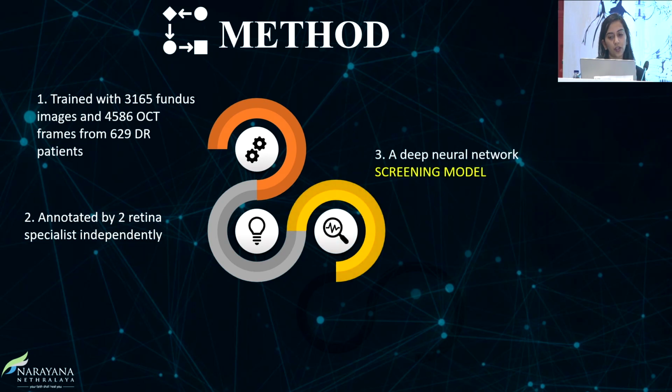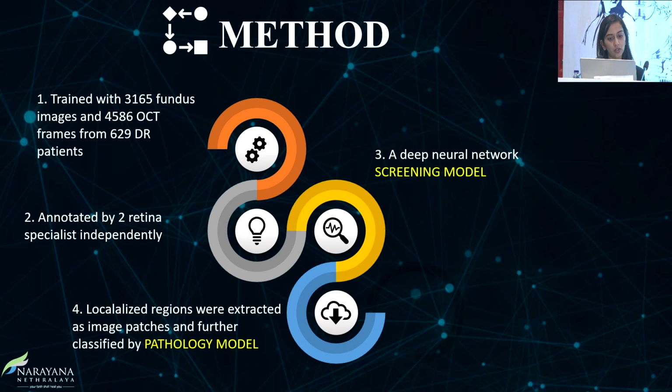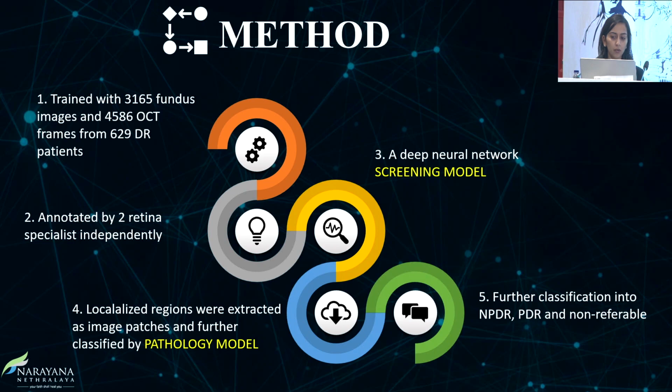Then these images were fed to a deep neural network screening model which classified these images as normal and abnormal. Abnormal pathologies from these scans were extracted as image patches, which were then fed to a pathology model which classified these abnormal images into various categories like fluid-filled regions, hemorrhages, hard exudates, or traction, which helped us classify the patients into referable or non-referable pathology.